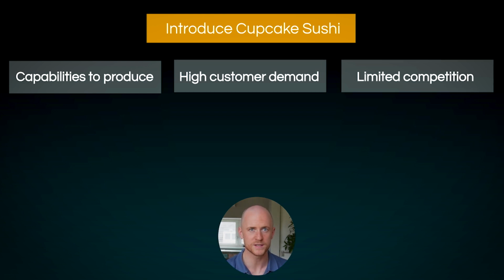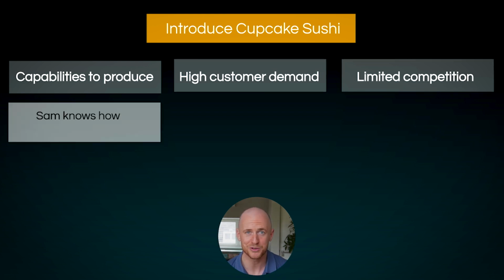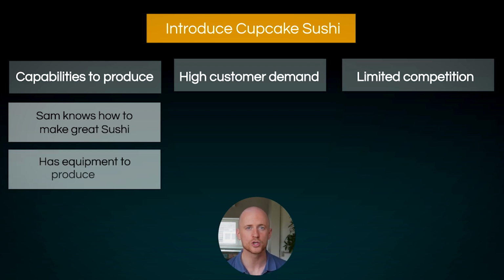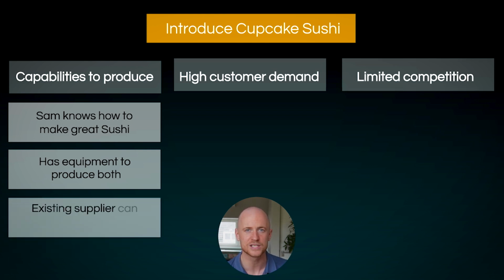Again, the first argument was that Sam has the capabilities to produce the cupcake sushis. These could be backed up by 3 data points. First, Sam knows how to make great sushi after living in Japan for a couple of years. Second, the shop has the equipment to produce cupcakes and sushi. And third, the existing supplier can provide the ingredients.